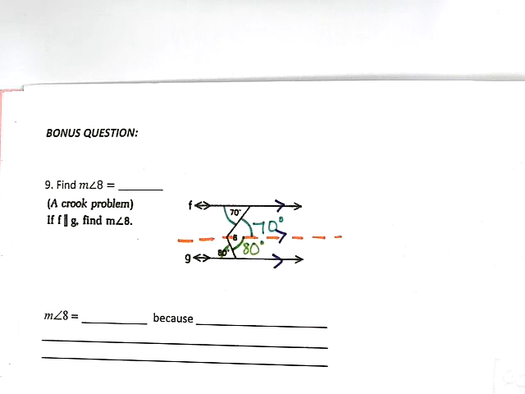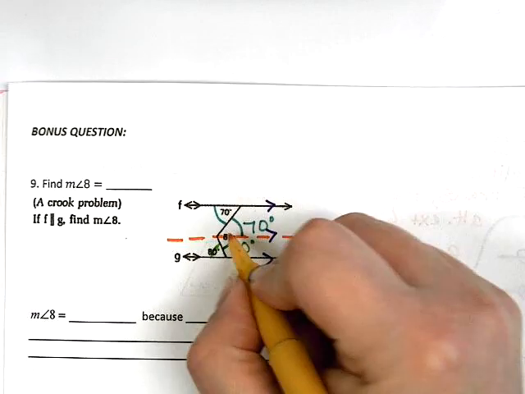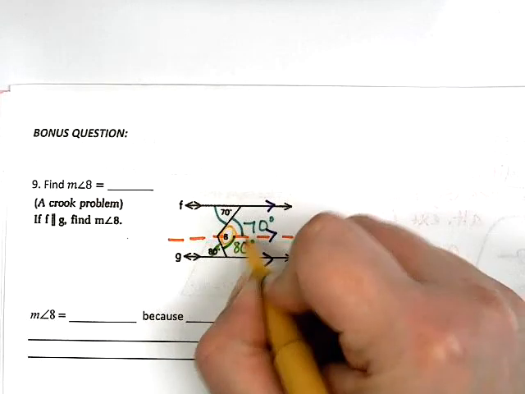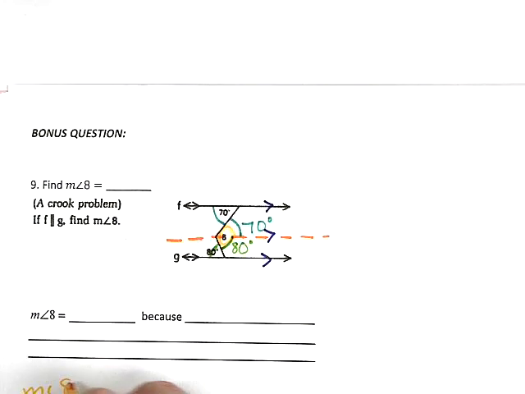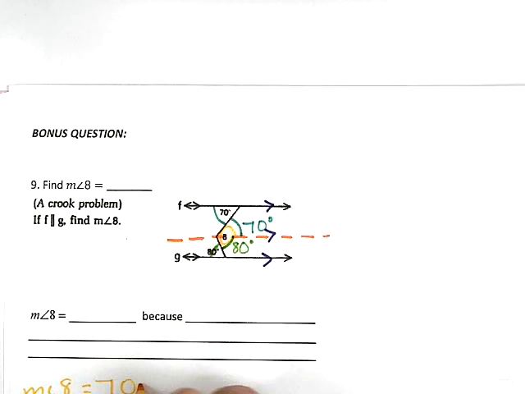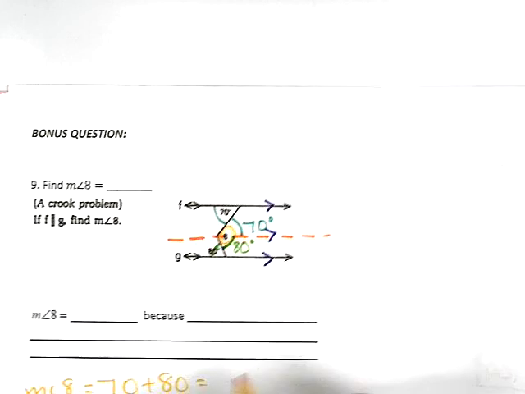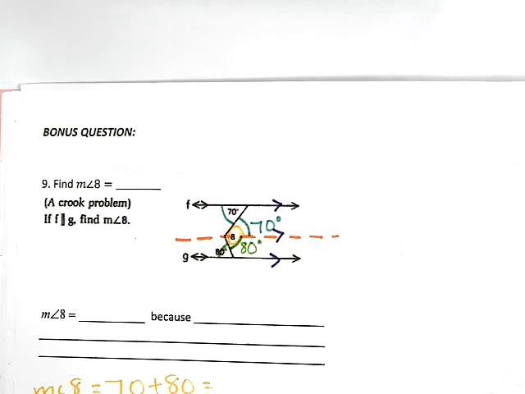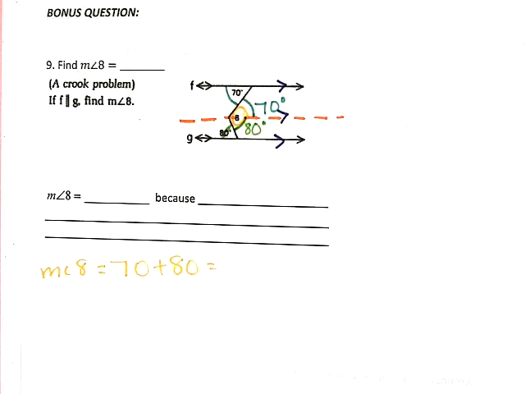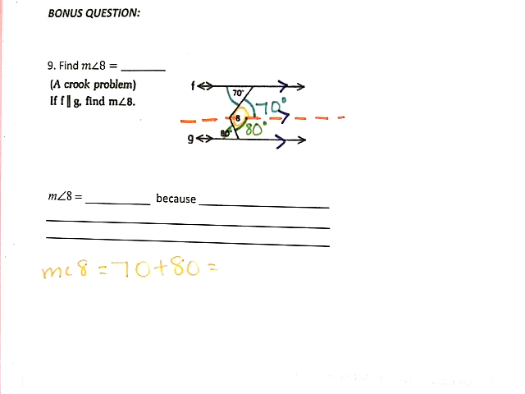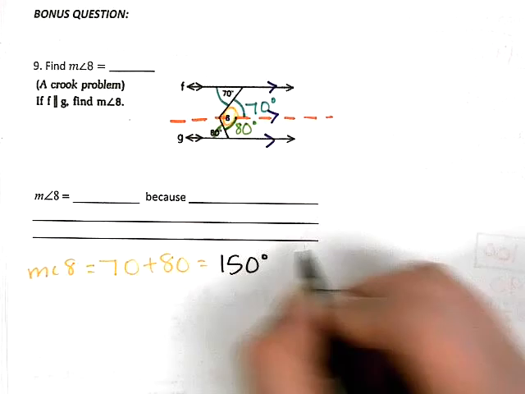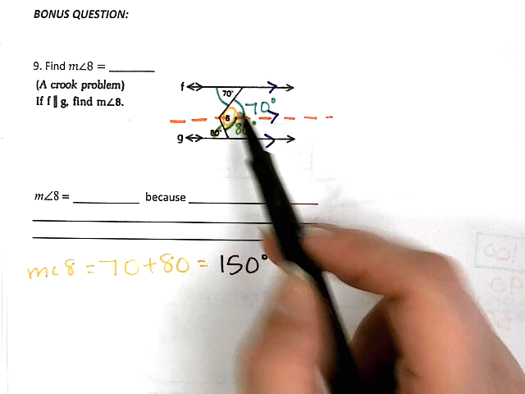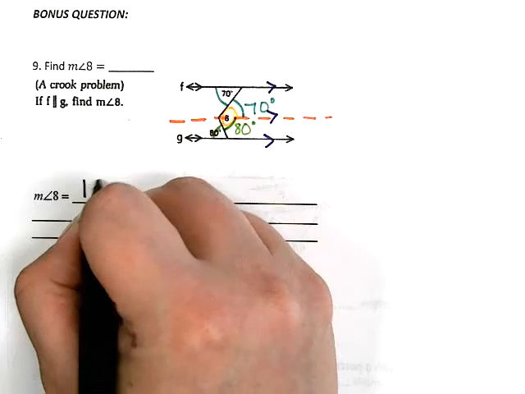So angle 8 is these two angles together. So the measure of angle 8 is 70 plus 80. Hopefully you guys are good with your algebra skills right there. 70 plus 80 is 150, which means that angle 8 right there is 150 degrees.